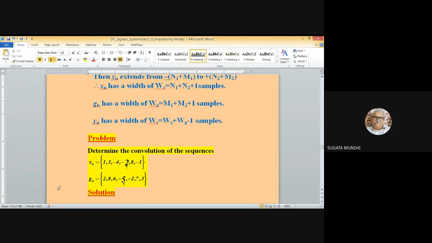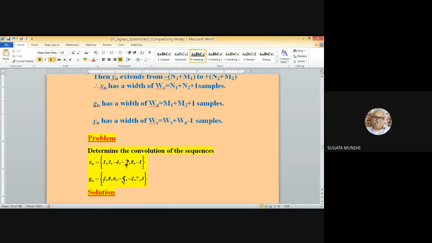First, just note the edge of x[n]. This is x[0], this is x[-1], this is x[-2], this is x[-3]. So the left edge or left end of x[n] is minus 3, isn't it? The right edge or right end of x[n] is 0, 1, 2. So right edge is n equal to 2, left edge is n equal to minus 3. Here, in case of g[n], what is the left edge?